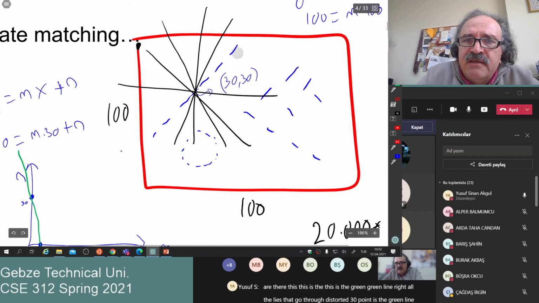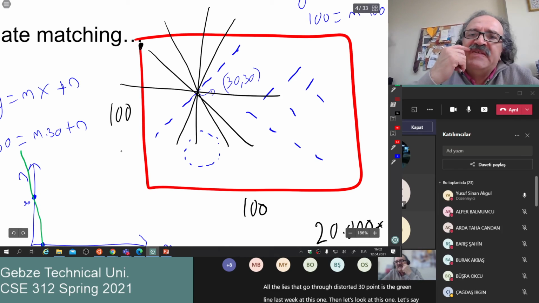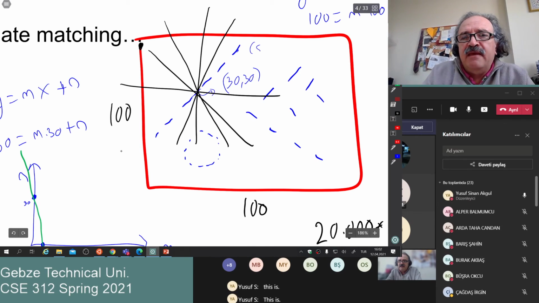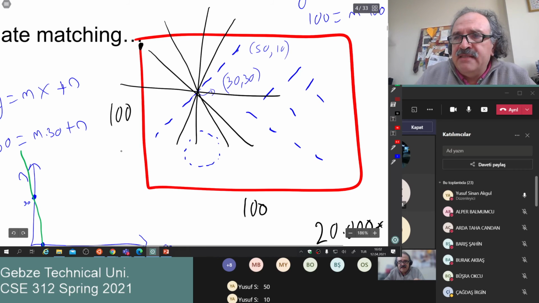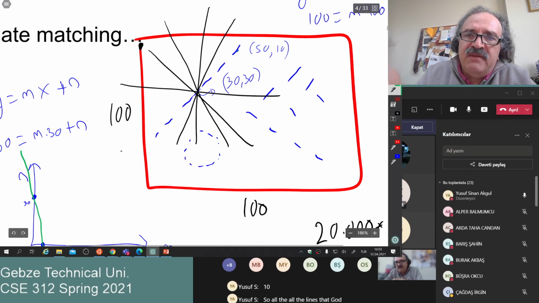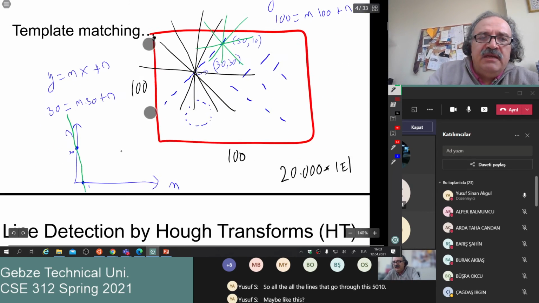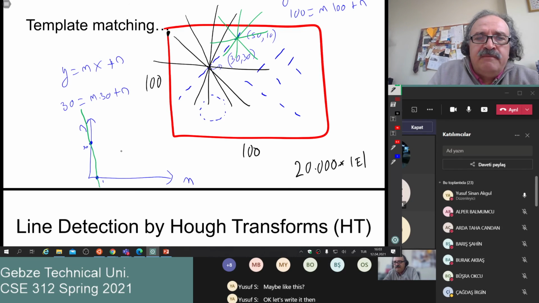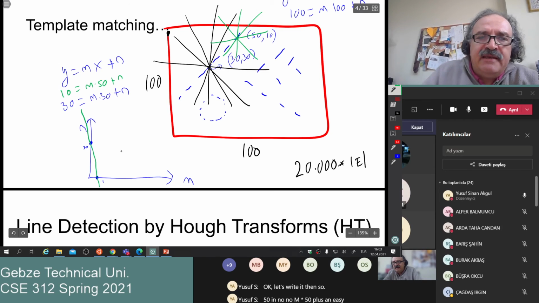Let's look at this one then. Let's say this is 50 and 10. So all the lines that go through this 50-10 will be like this. Okay, let's write it then. M times 50 plus N is equal to 10.